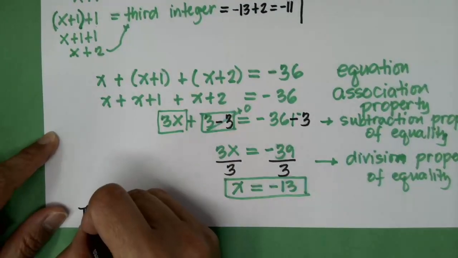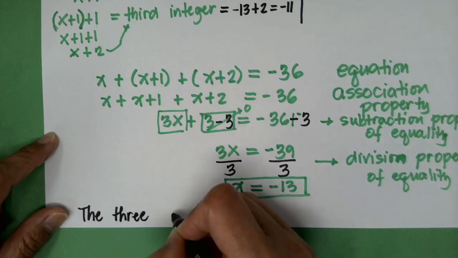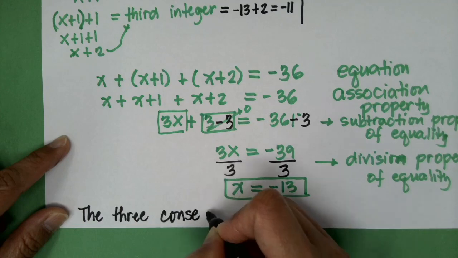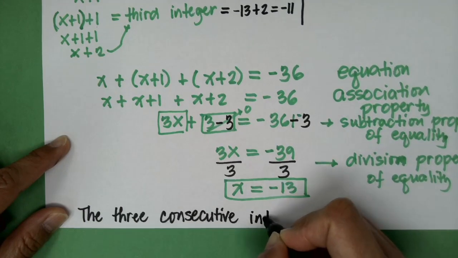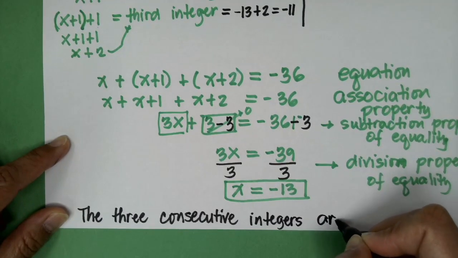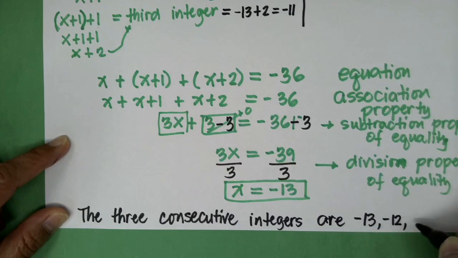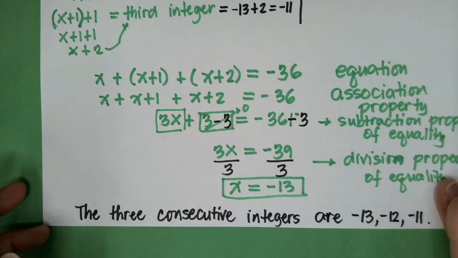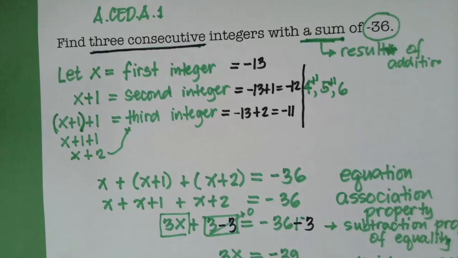So the three consecutive integers are negative 13, negative 12, and negative 11. All right, so take note.